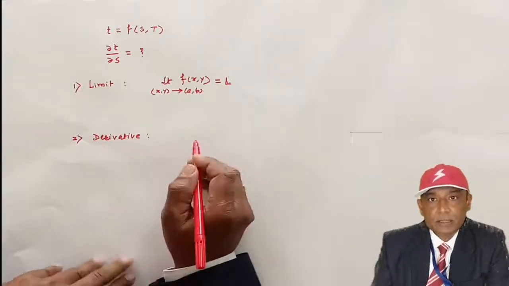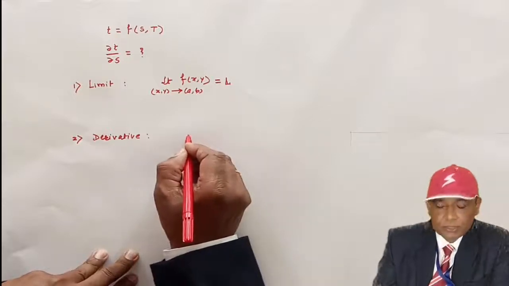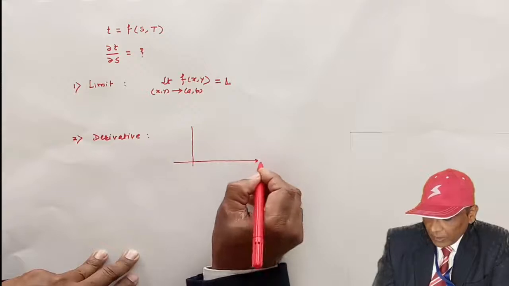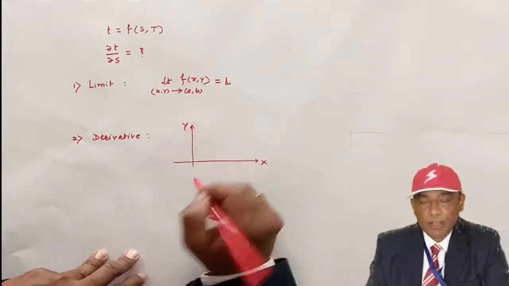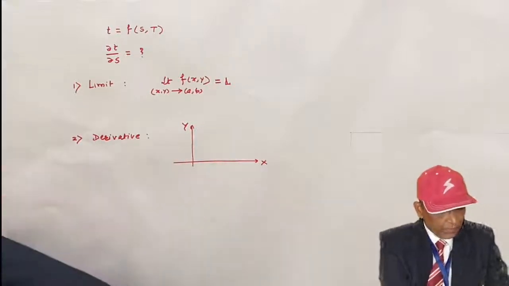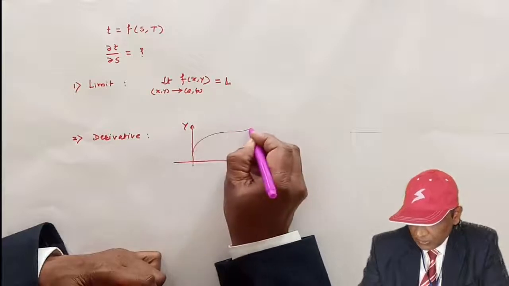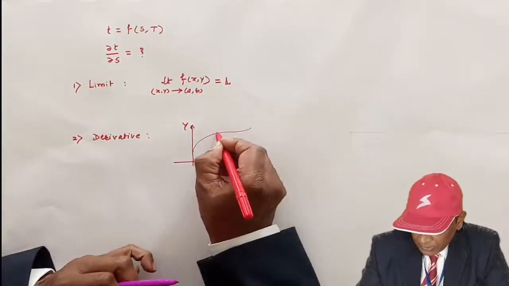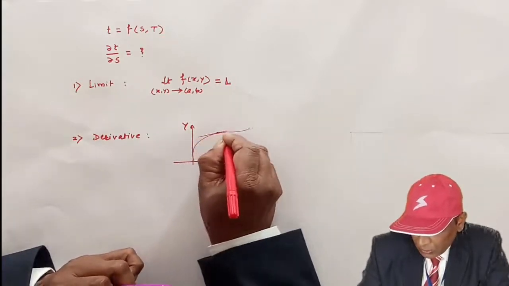Now, what is derivative? In earlier years, you might have gone through derivatives. Graphically, I will tell you first. The derivative represents the slope of the tangent. This is the x and y axis. So this is the curve, and this point I am going to take, and this is the tangent at this point.